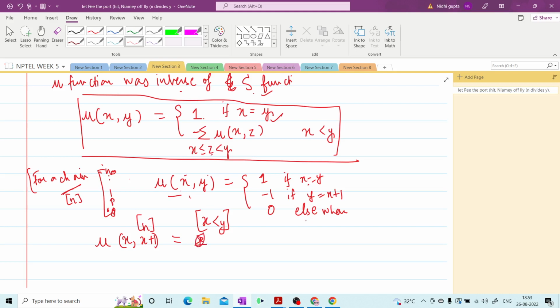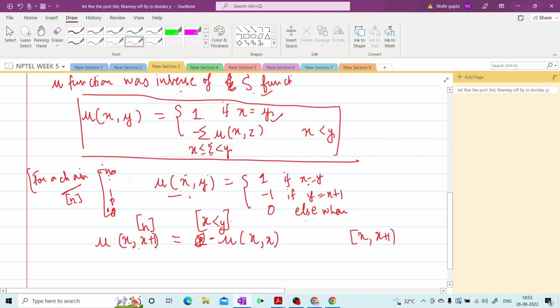So what all z should we sum over? We sum over mu x, just mu x, because we want to consider all those z which are strictly less than x plus 1 but lie in this interval. There is just one such z, which is x.